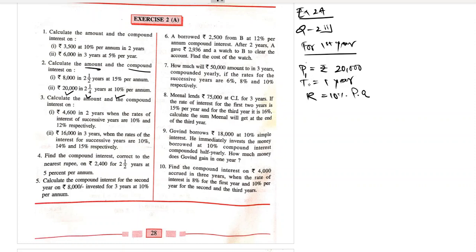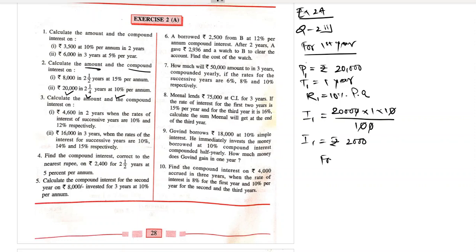Let us first name them P1, T1, R1, and we have to find I1, which is 20,000 into 1 into 10 upon 100. I'm sorry. So these zeros will cut. So I1 will be rupees 2,000.